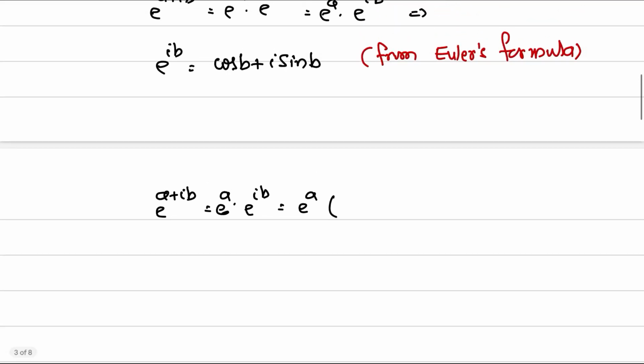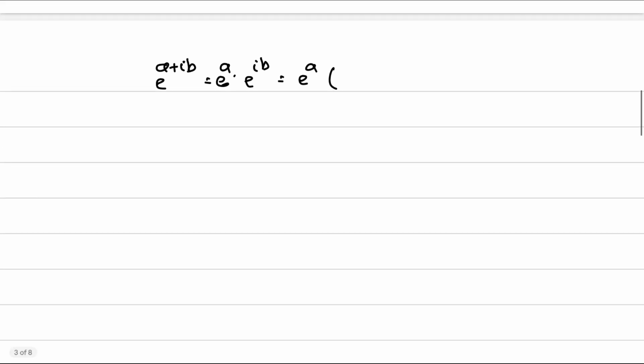Now, e to the power of a plus ib is equal to e to the power of a into e to the power of ib, that is equal to e to the power of a into, what is e to the power of ib? cos b plus i sin b.